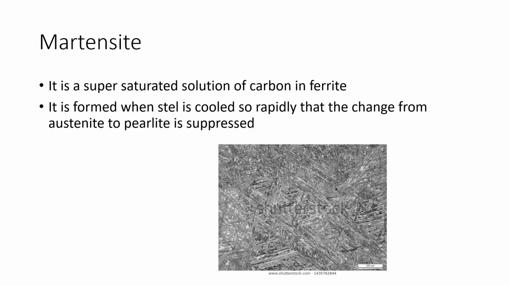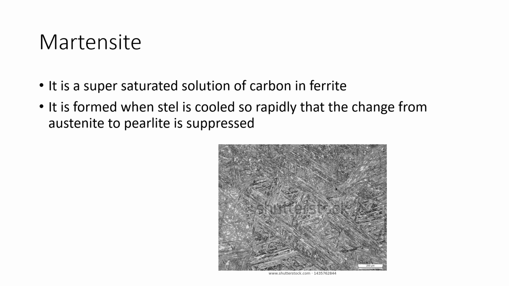Martensite. It is a supersaturated solution of carbon in ferrite. It is formed when steel is cooled so rapidly that the change from austenite to pearlite is suppressed. Actually, martensite is a body-centered tetragonal form of iron in which some carbon is dissolved.